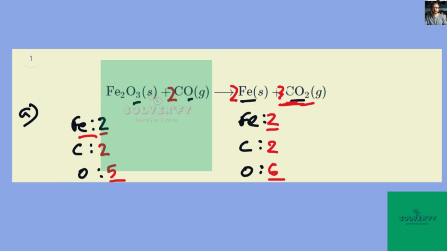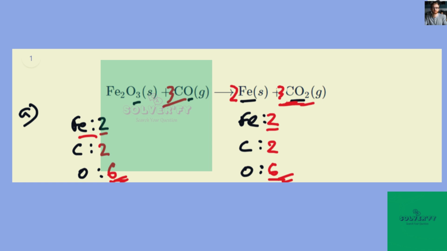So now we have 6 oxygen on the product side, but we have 5 on the reactant side. That means we will have to place a 3 here also, which will give us 6 oxygen on the reactant side also.